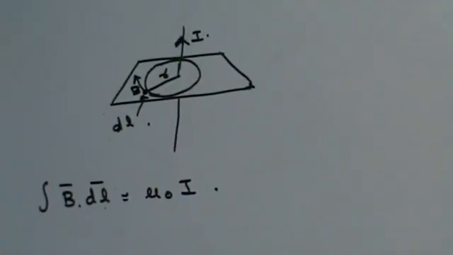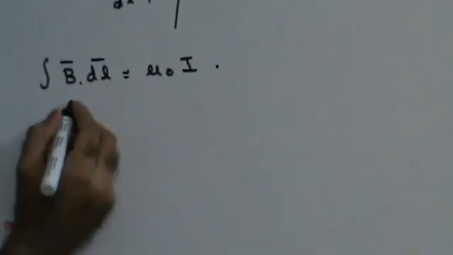If I integrate magnetic induction over small elements dl for a closed circuit, it is going to be mu 0 times current. So this is your Ampere's law.